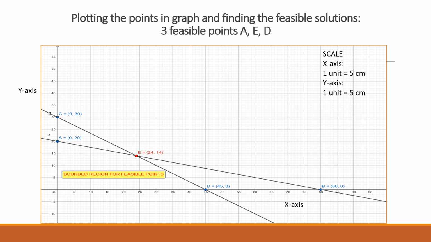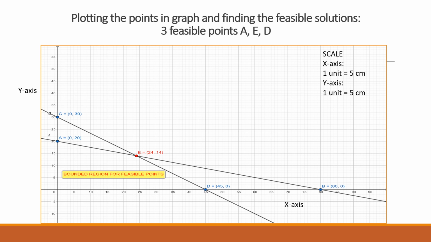After plotting A (0, 20) and B (80, 0), we join both points A and B. In the same way, plot C (0, 30) and D (45, 0) and join the points. On joining, we get two lines intersecting at a point E. If our graph is accurately plotted, we can find the point. Here the point E is (24, 14).